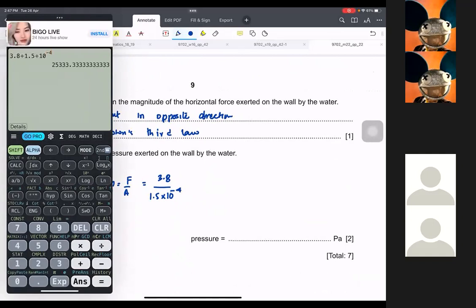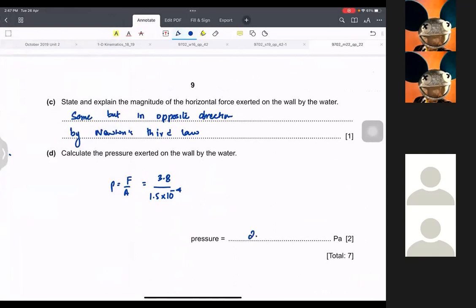That is 25333. We can write 2.5 times 10 raised to the power 3 pascals. Is it clear, everybody? Please let me know. Question?